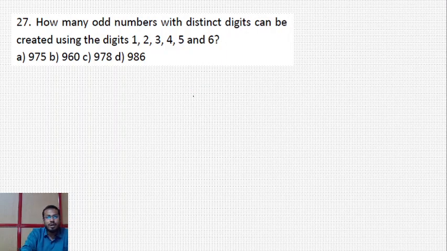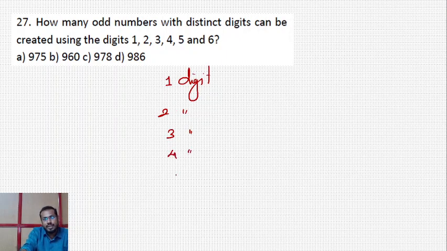How many odd numbers with distinct digits can be created using the digits? First of all, let's create odd numbers, so the odd digit should be at the last place. You can create a 1 digit number, 2 digit, 3 digit, 4 digit, 5 digit number and 6 digit number.